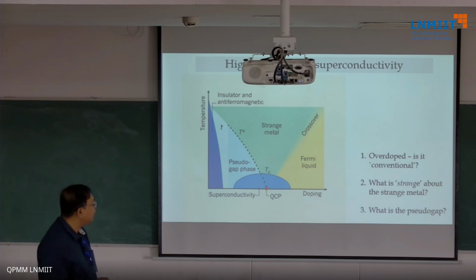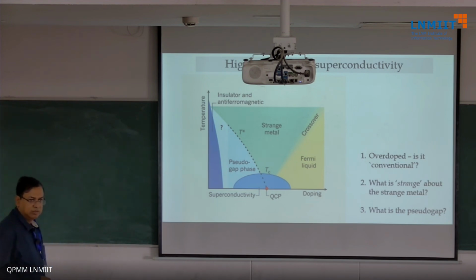The alpha that you get from Fermi liquid theory is not there here or here. So these are the experimental signals. People have some precise understanding of what is a strange metal, or whatever is not a Fermi liquid and is not a pseudogap is just called a strange metal. It's called a strange metal. It's not a Fermi liquid. Yeah.